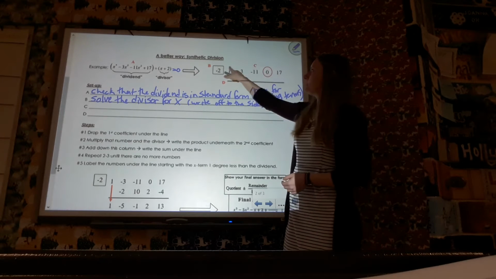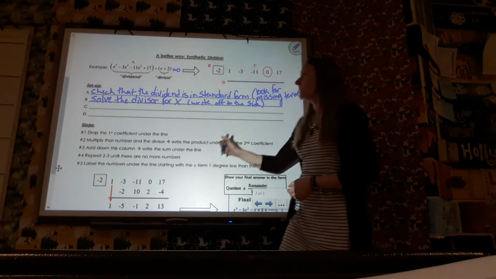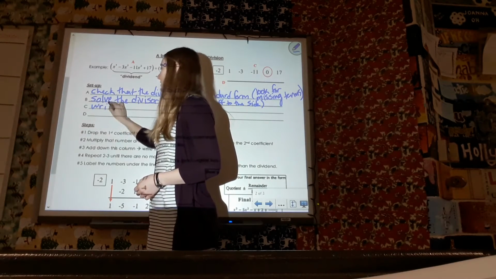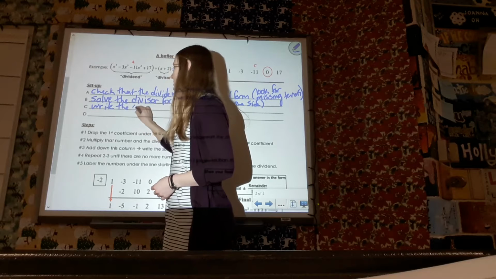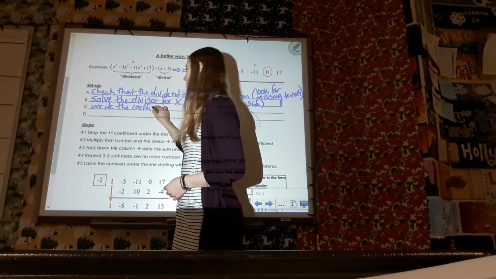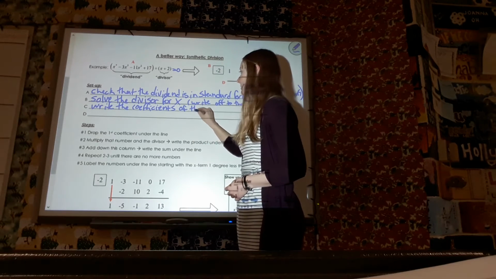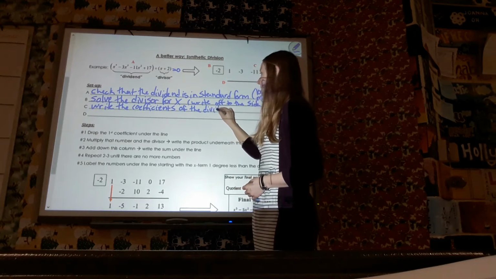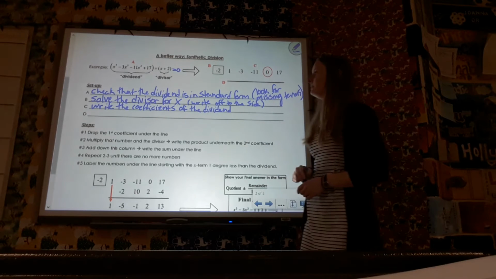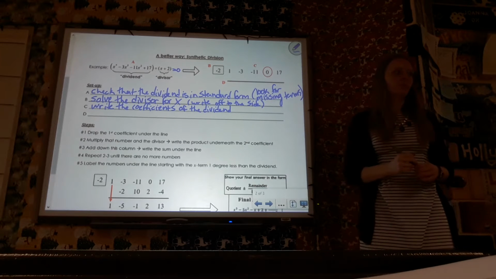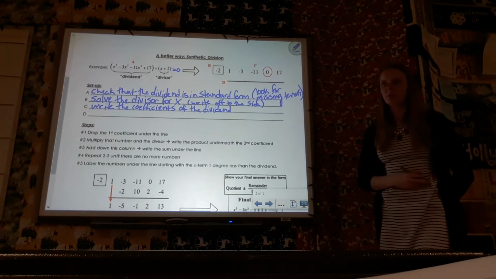Step C is going to be this list right here. This list of numbers. You're going to write the coefficients of the dividend.